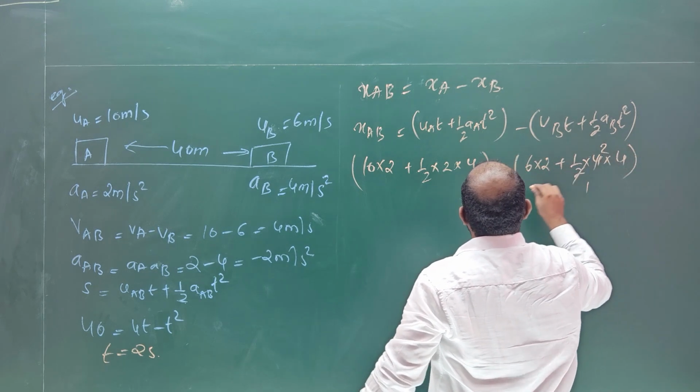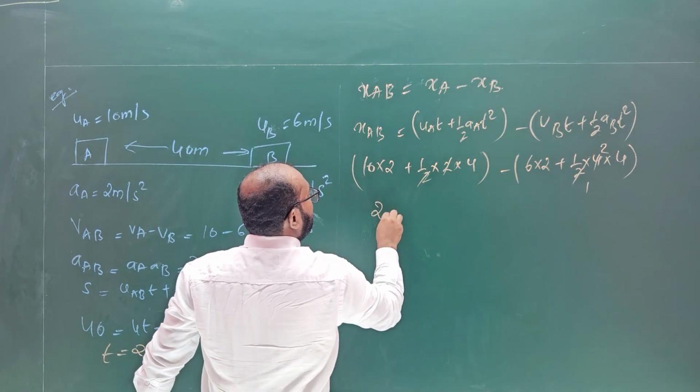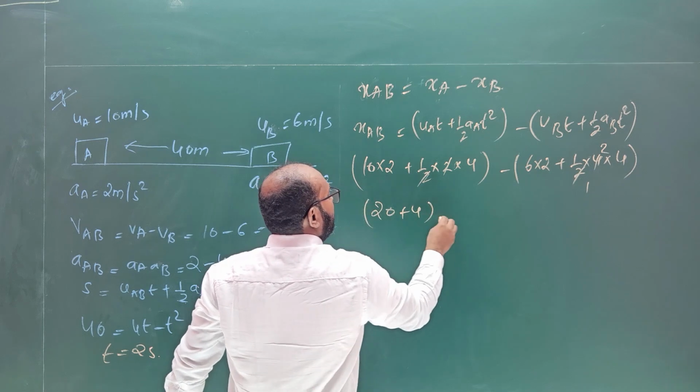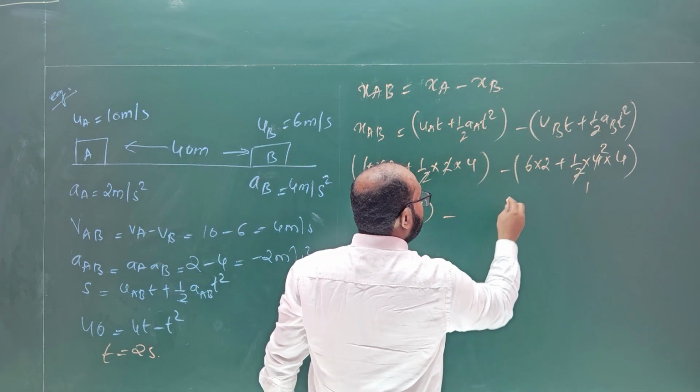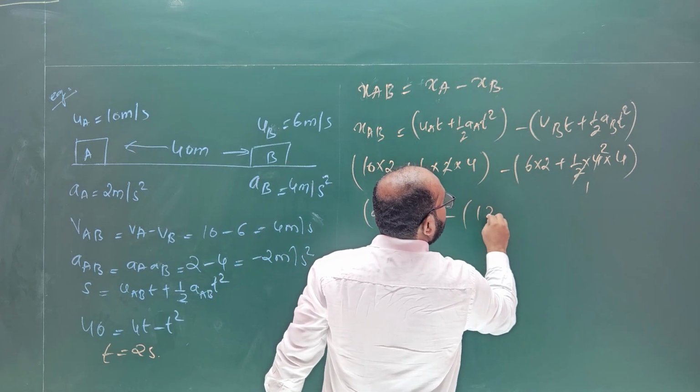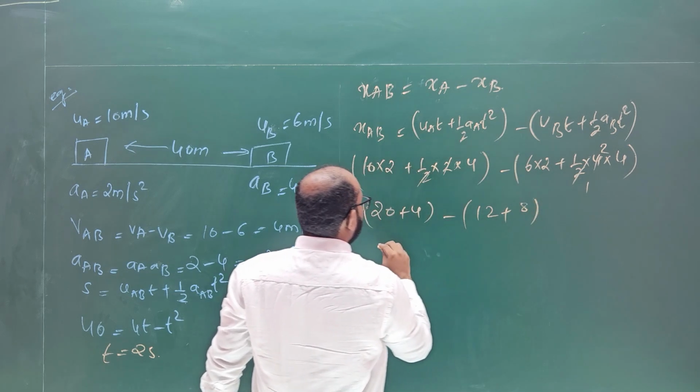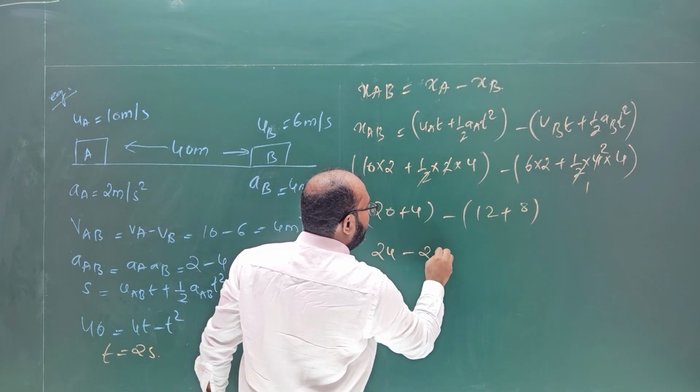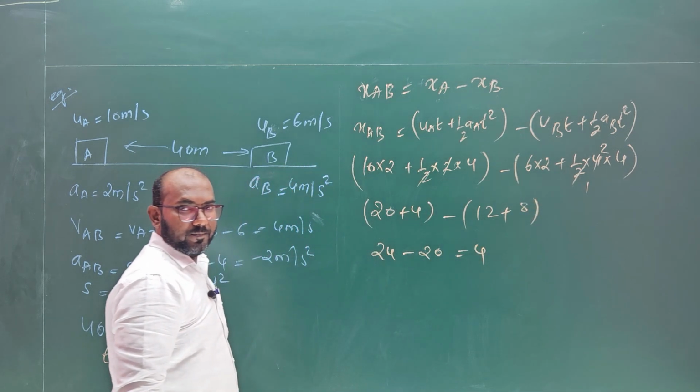Once this, twice the once. So 20 plus 4 minus, that is 6 into 2 is 12, plus 8. So 24 minus 20, that is nothing but 4.